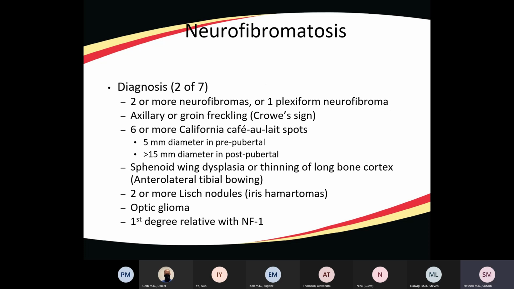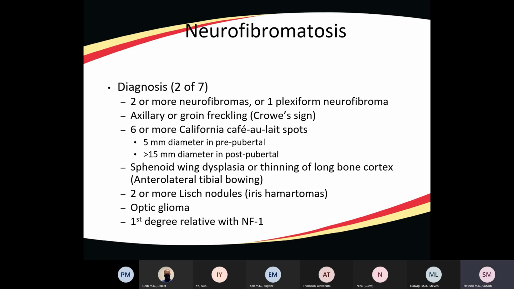For diagnosis of neurofibromatosis, you have to have 2 of 7 characteristic criteria: 2 or more neurofibromas, or 1 plexiform neurofibroma, the larger conglomeration of neurofibromas; axillary or groin freckling, or Crowe's sign; 6 or more café-au-lait spots, 5 millimeters in younger patients and more than 15 millimeters in adult patients; sphenoid wing dysplasia or thinning of the long bone cortex.